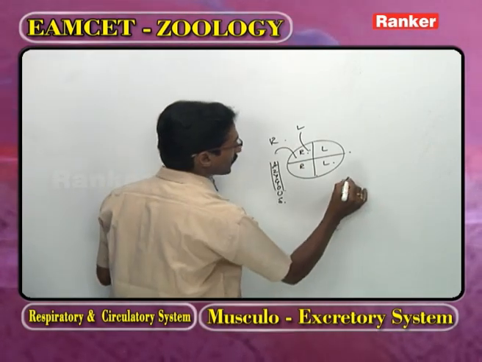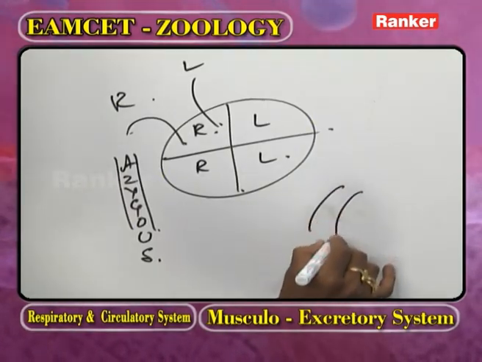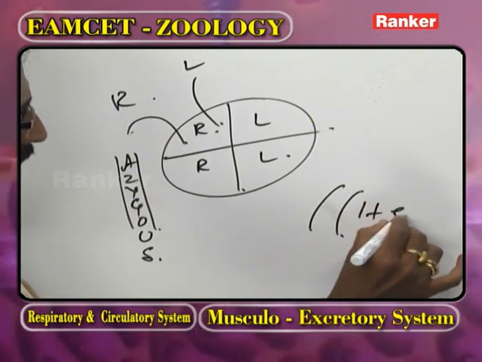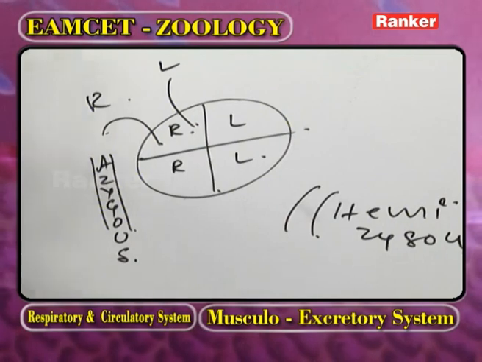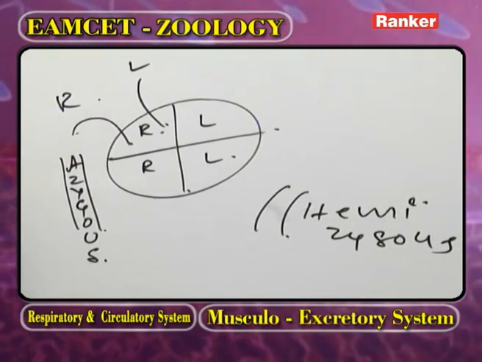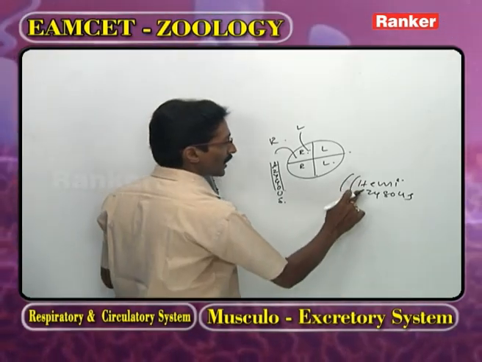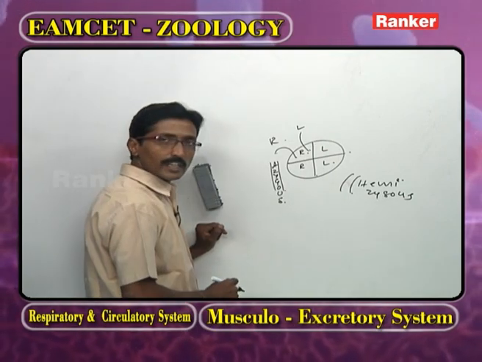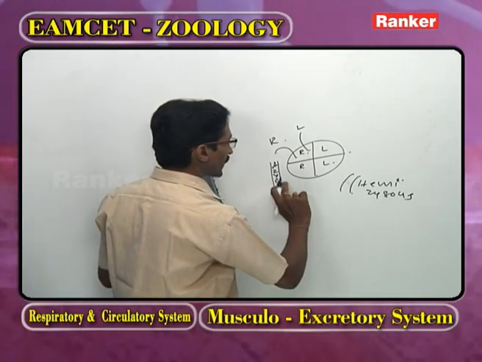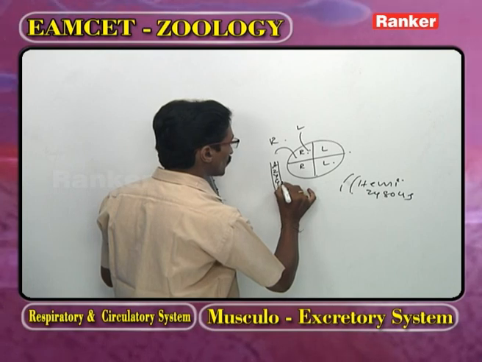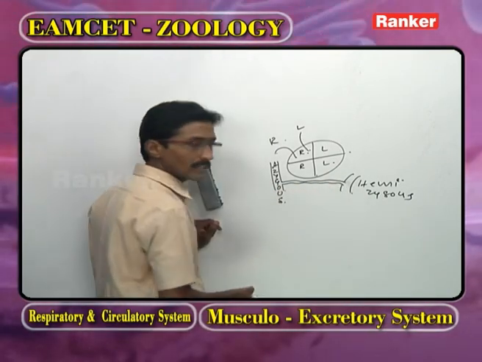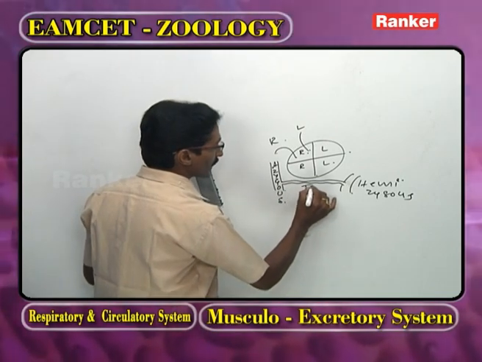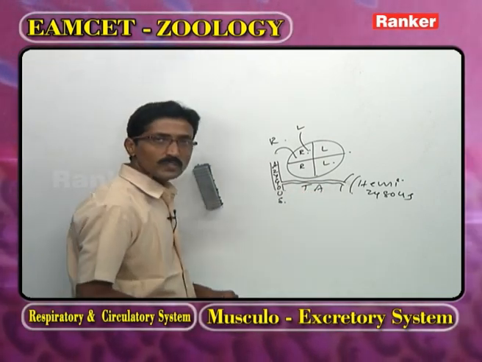Now towards the left side, a small blood vessel is present, that we call hemizygos. What is meant by hemi? Part. Only a small blood vessel, that is called hemizygos. The hemizygos opens into the azygos through a transverse blood vessel, that we call the transverse anastomosis.